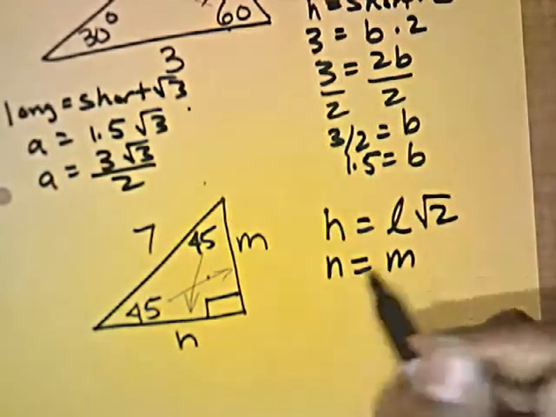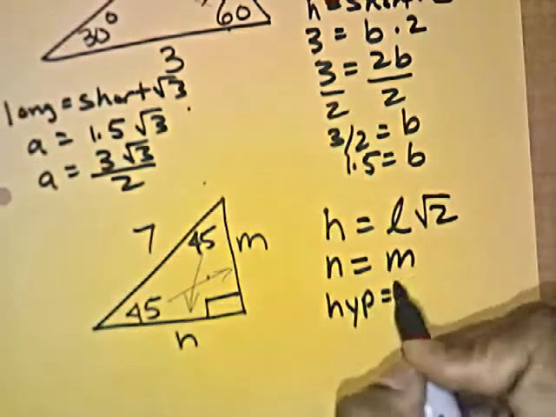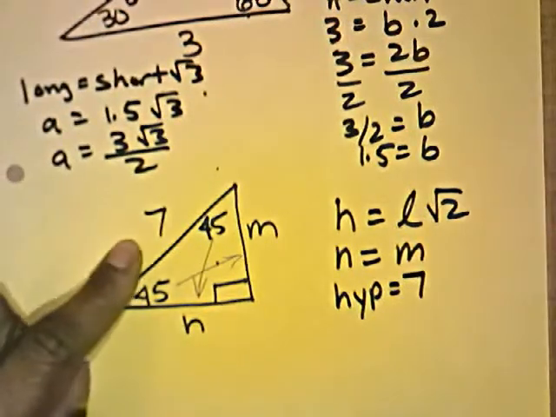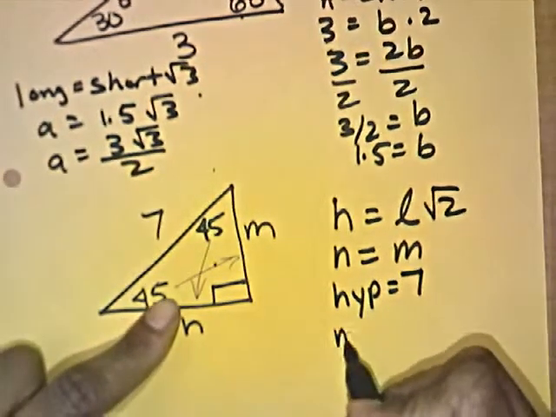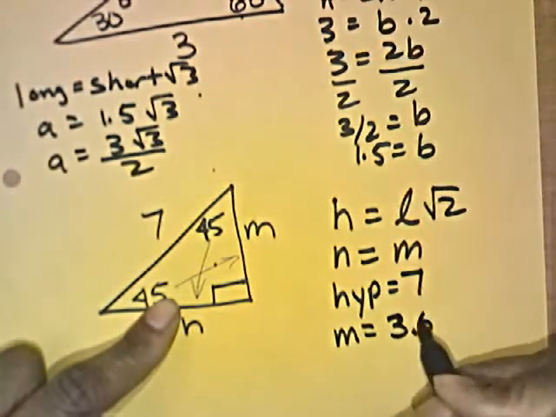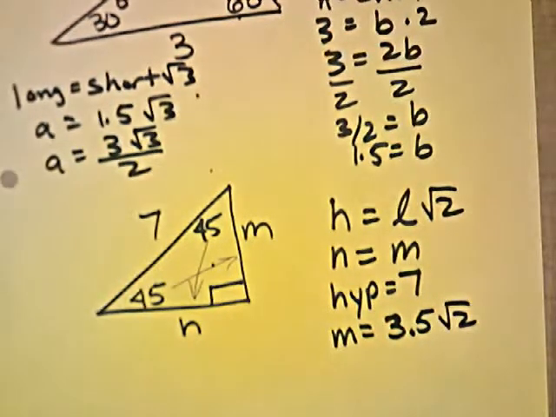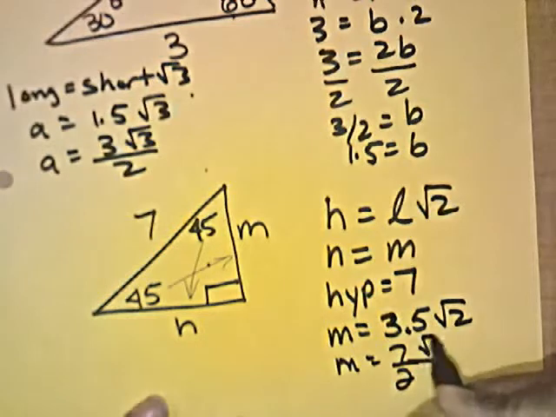So, excuse me, my hypotenuse is equal to 7. Now, off the bat, since they've given me the hypotenuse, I know that the leg, M, is going to be 3.5 square root of 2. Or, let's see, 7 over 2 square root of 2.